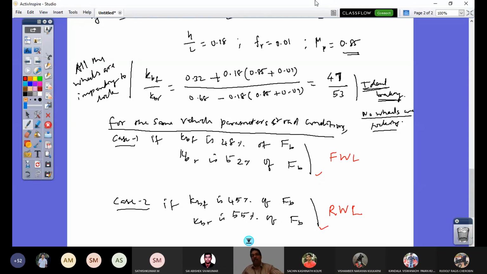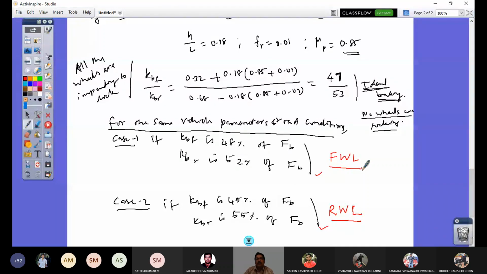But my braking distribution is like this, so my conditions are now dictated like this. So how could you say this? What tells you that front wheels lock here and rear wheels lock in this case? Can you answer again?